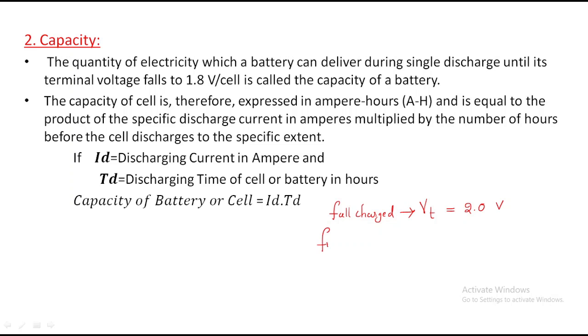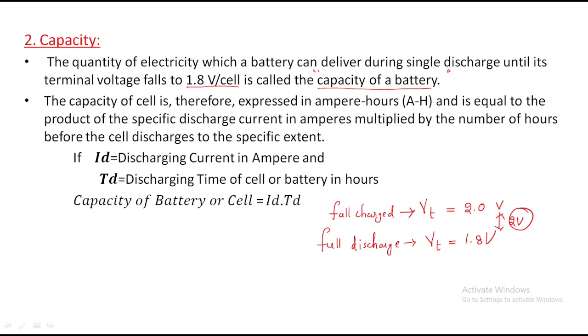Next, on full discharge, the same terminal voltage will become 1.8 volts. In this 2 volts to 1.8 volts difference, the total battery will be discharged. Look at here. That's why the quantity delivered during a single discharge until its terminal voltage is 1.8 volts per cell is called the capacity of the battery.